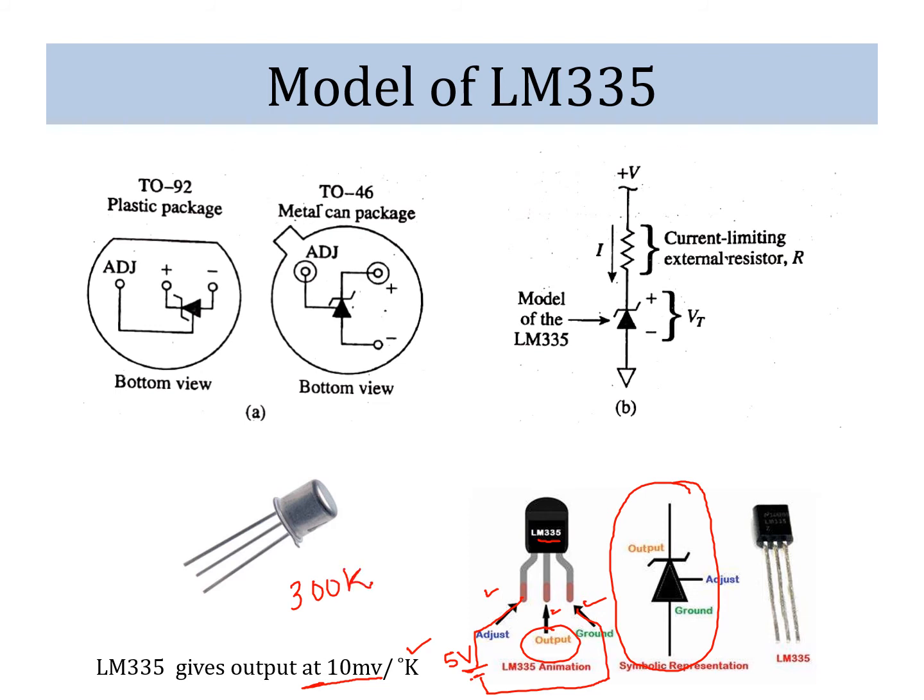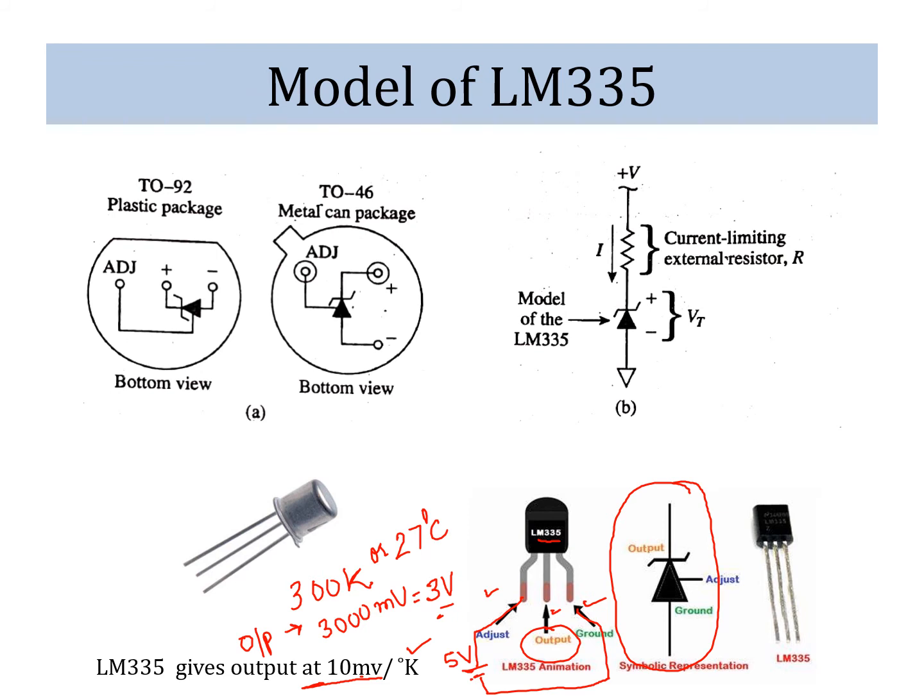In that case the output will be 300 Kelvin multiplied by 10 millivolt, that is 3000 millivolt or 3 volt at 27 degrees centigrade.